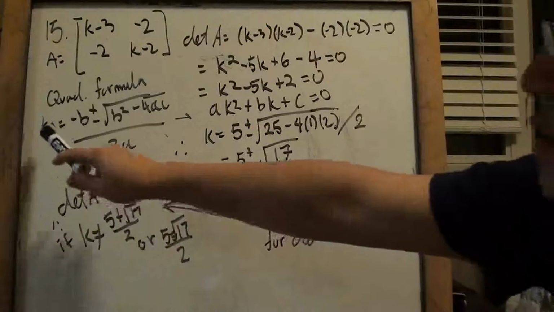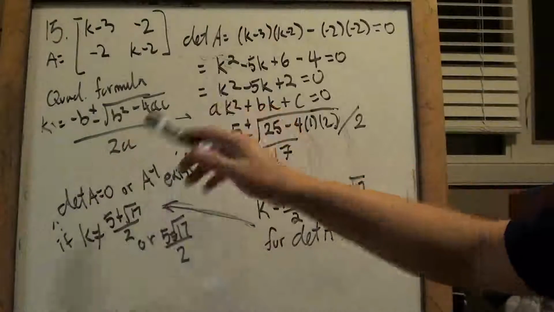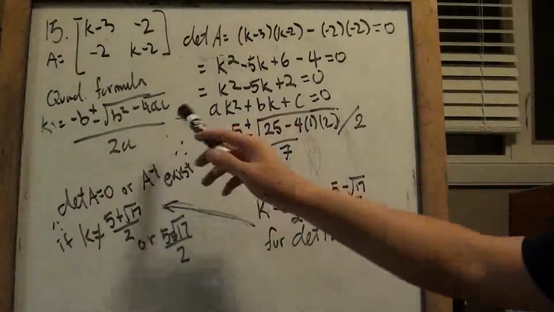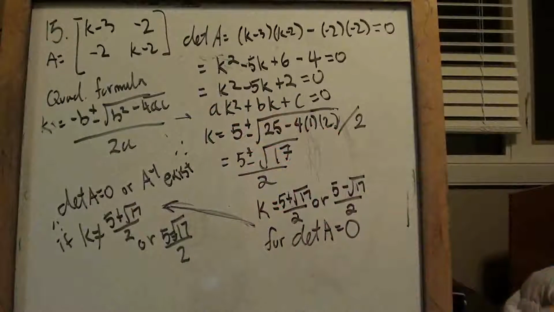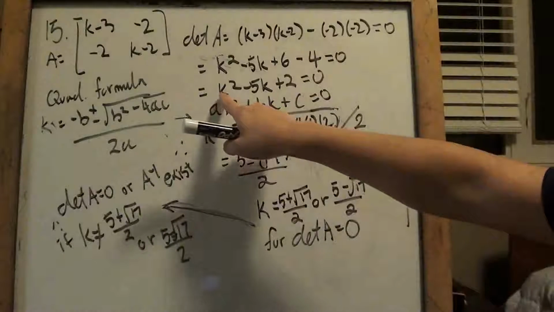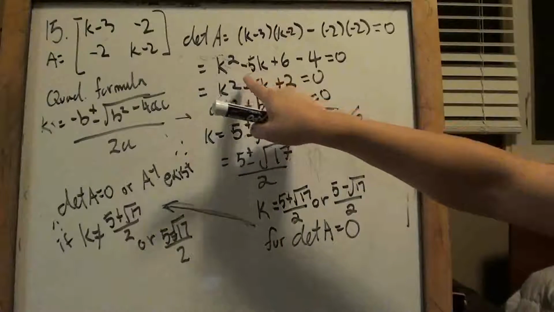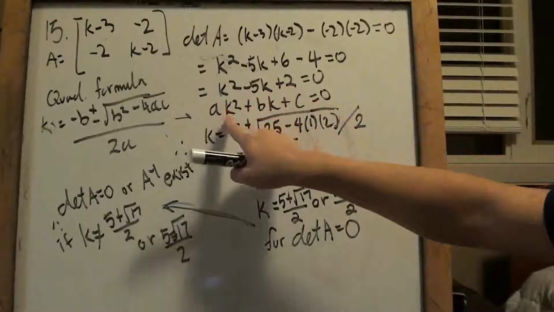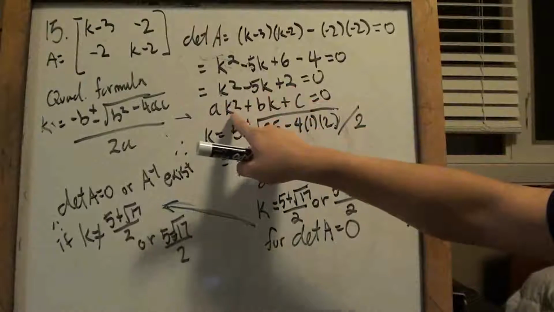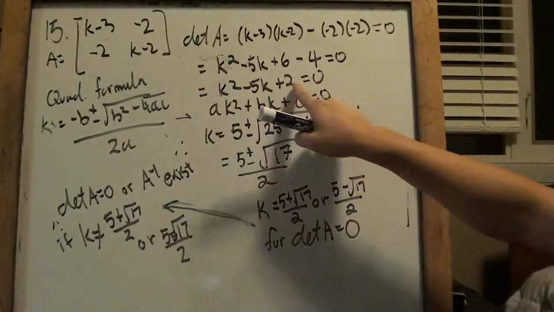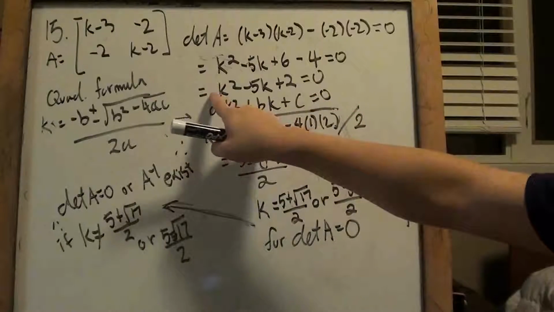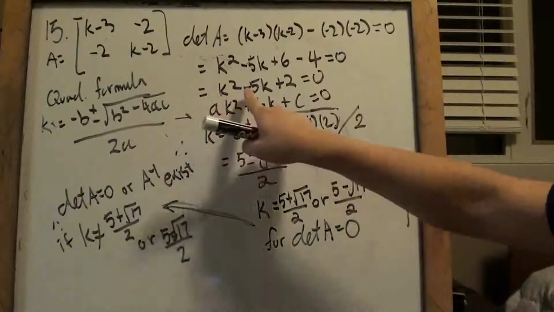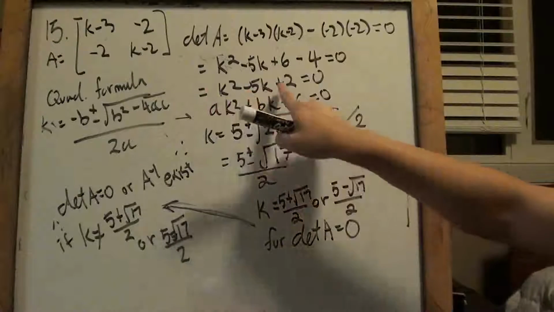But anyways, I just put k here because we're not using x, we're using k. But it's the same idea, right? If you're rusty with this, your goal is to come up with a simplified quadratic equation. Once you do that, just use this format. If it's regular k squared, k, and whatever the constant is, whatever coefficient goes in front of k squared will be your a, whatever coefficient goes in front of k will be b, and so forth.